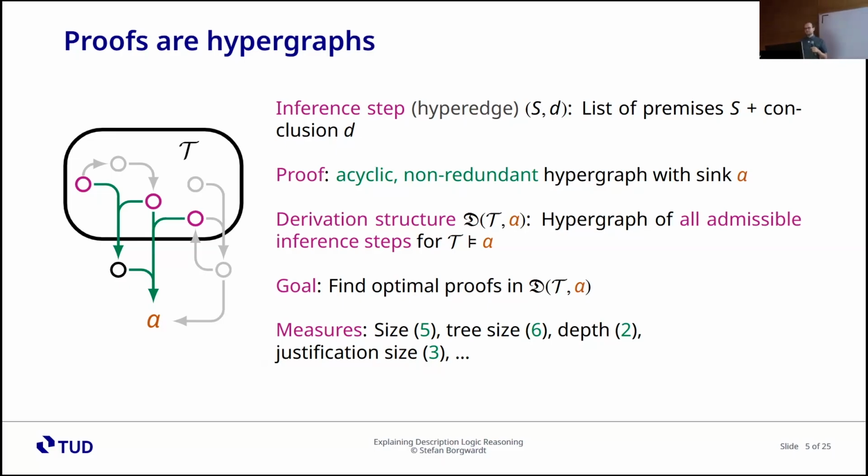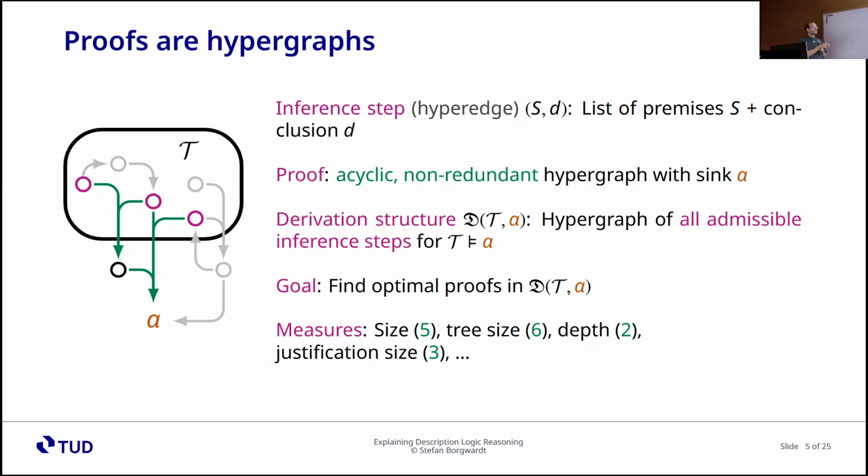And this is not very easy to characterize, right? What is an easy to understand proof? For the most part, we were focusing on simple measures on the proof, for example, the size. Here we have 5 nodes in this green proof. It's just the number of axioms involved, including the intermediate ones, of course. Then there's the tree size that we looked at, where we think, okay, normally if you represent a proof, you have a tree-shaped structure, so you're not allowed to do structure sharing like this.